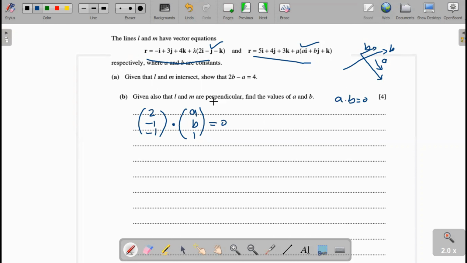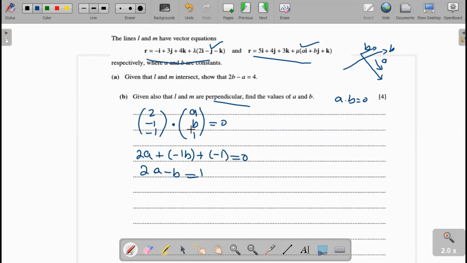Here the lines are perpendicular, so we see that the vector 2, minus 1, 1 dot A, B, 1 equal to 0. Now we write down: 2 multiplied by A, plus minus 1 into B, plus 1 into 1, that is equal to 0. We get 2A minus B equal to 1.